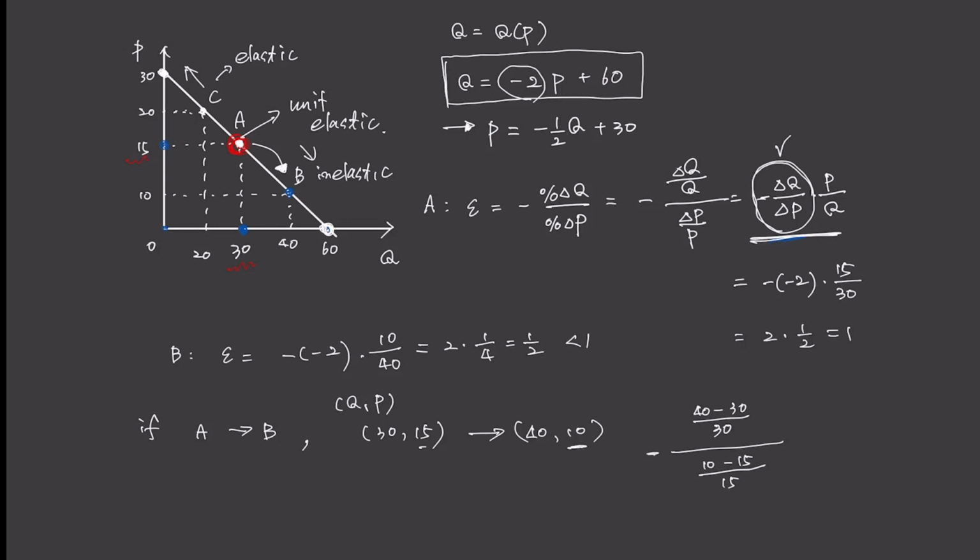And the value is a minus, so you can calculate this. 1/3 over minus 1/3, so this is nothing but 1. Am I right? Yeah. So moving from A to B is unit elastic.